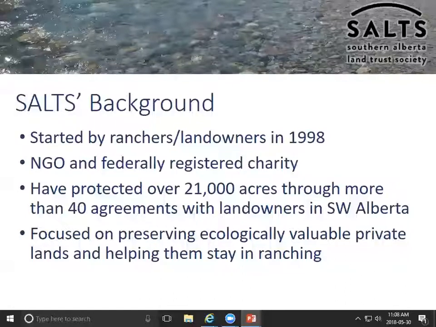They can be watershed health, wildlife habitat, critical wildlife corridors, native grasslands. And so that's how we do our work. SALT is very much focused on preserving those lands of highest ecological value. But one of our other goals is to help ranchers and people working on the land to stay on the land. So that's another part of our objectives.